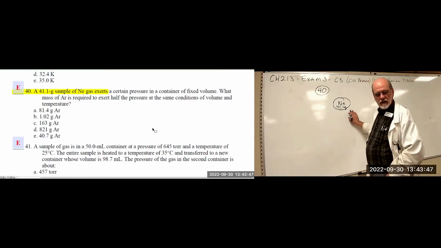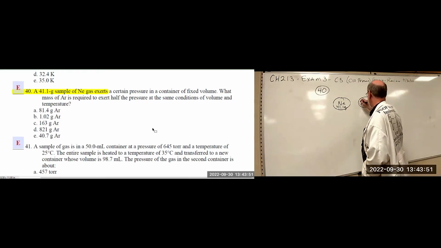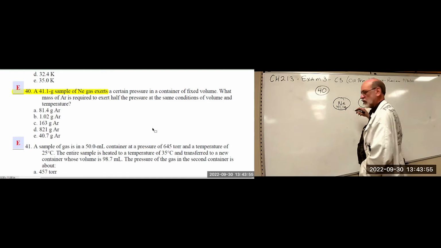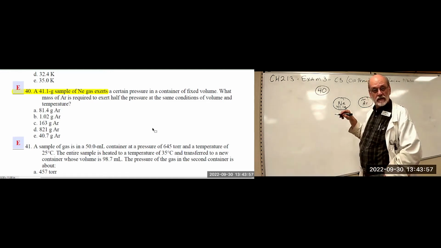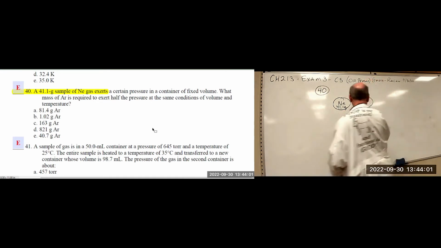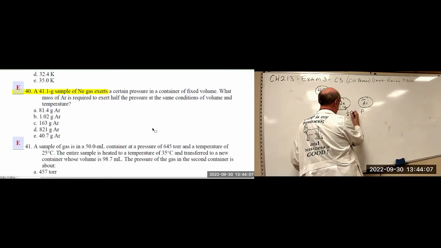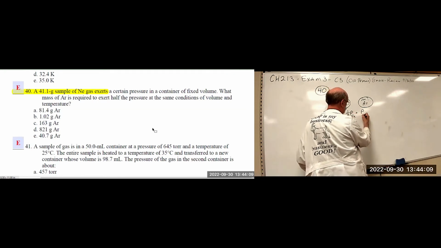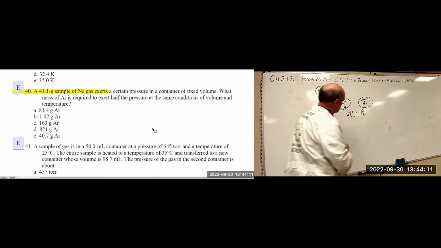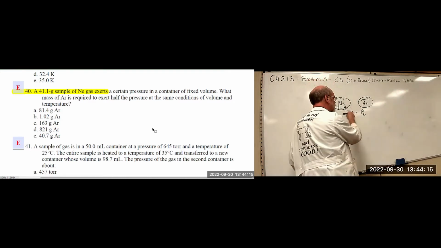So we want what mass of argon will give you half the pressure. So the pressure of this one is equal to 1/2 the pressure of neon under those same conditions.